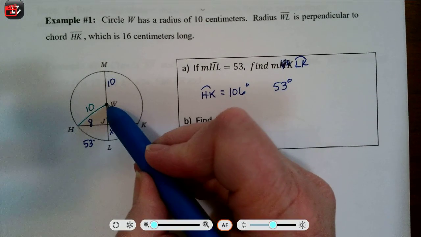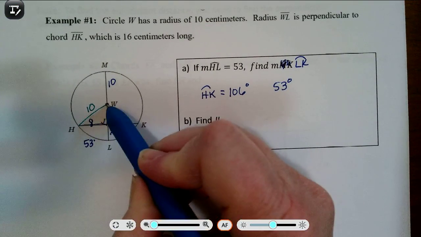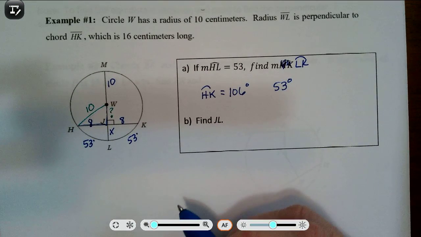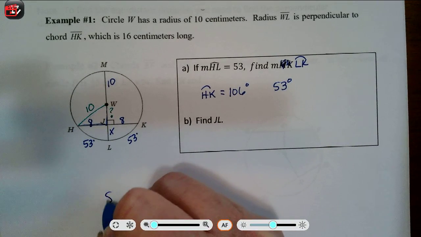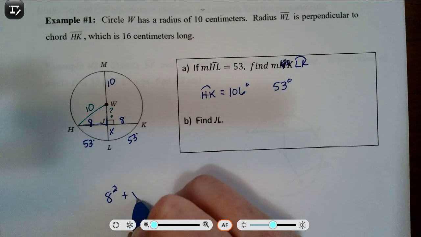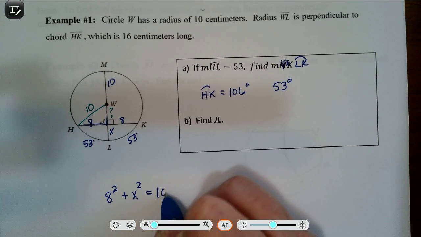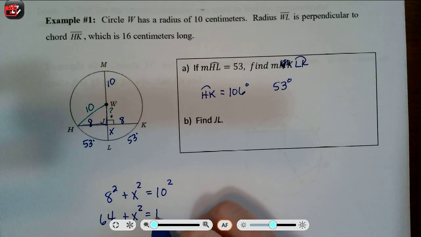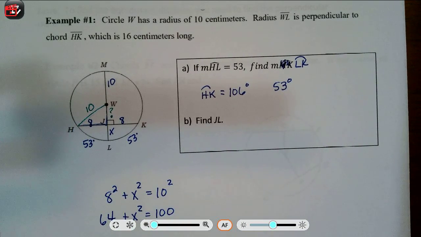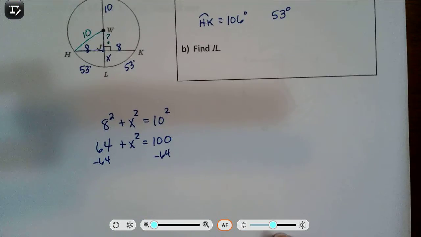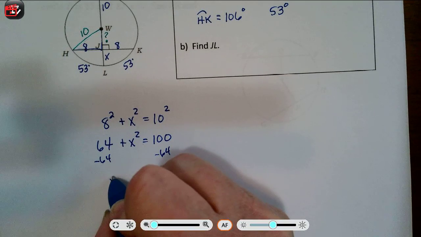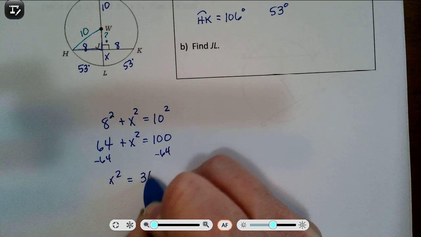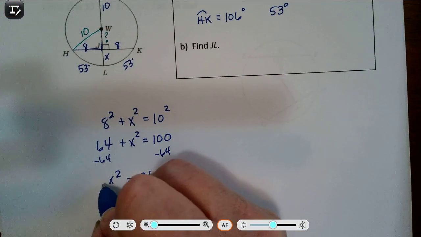So, how can I do that? If you notice, I now have a right triangle, so I can go ahead and use the Pythagorean theorem. I would have 8 squared plus x squared equals 10 squared. So 64 plus x squared equals 100. I'm going to subtract 64 from both sides. I now have x squared equals 36.